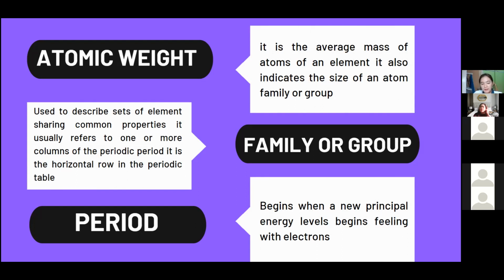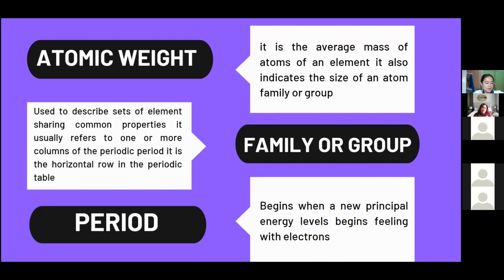The period, on the other hand, is horizontal, or what Ira called pabalang. It begins when a new principal energy level begins. It is the horizontal row in the periodic table. A period begins when a new principal energy level begins filling with electrons.